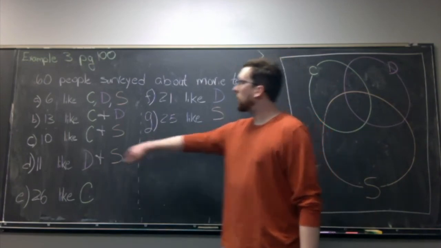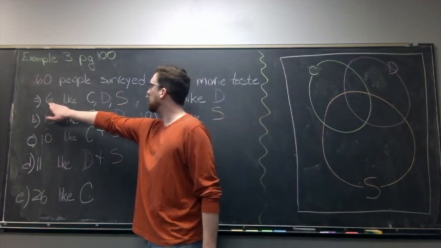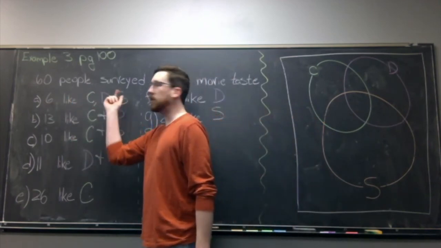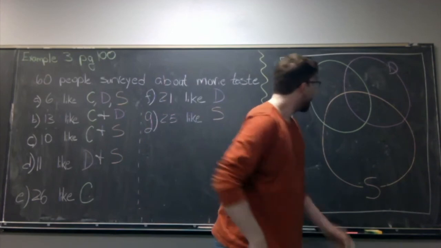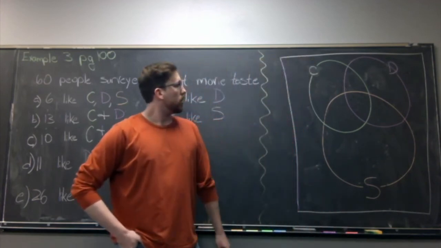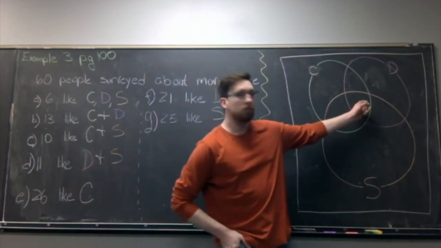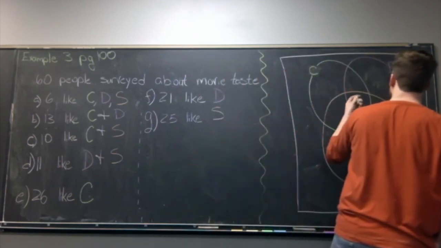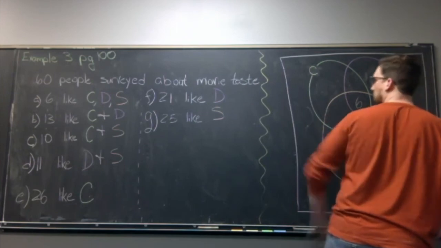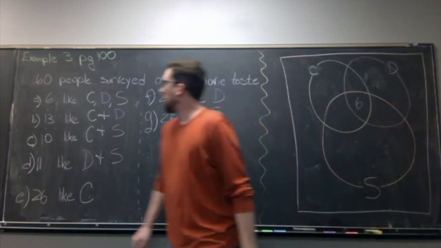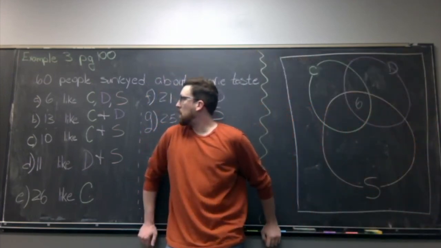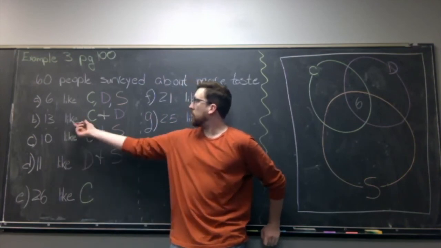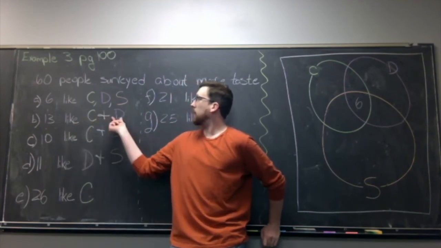We're going to start off by saying, all right, cool, 6 people like comedy, drama, and science fiction. So, looking at this, that would be right there. So we've got 6 people right here. Now, we've got 13 who like comedy and drama.